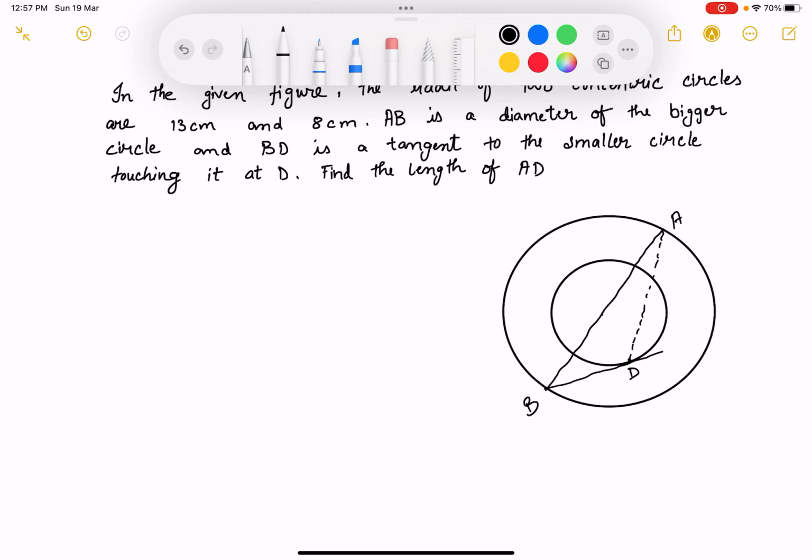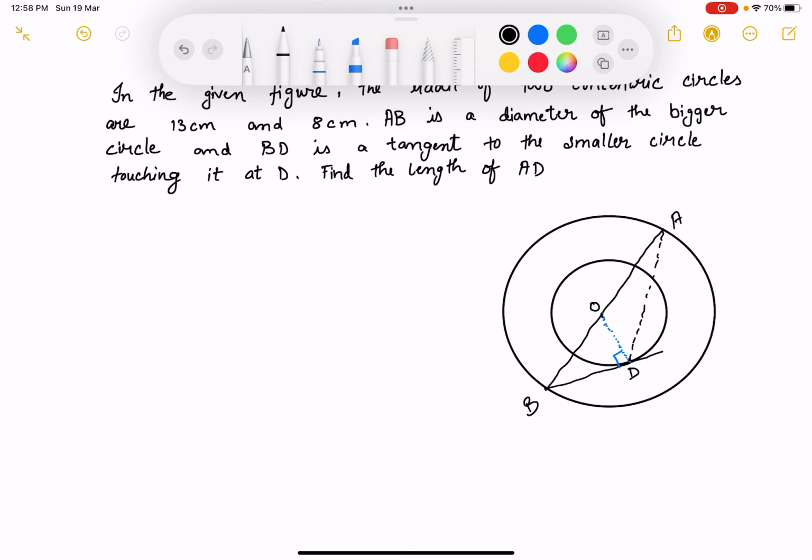Okay, so first thing first, as I said, whenever you hear the word tangent, you draw the radius and mark the angle 90 degree. This is the radius to the point of contact and this angle is 90 degree. Okay, so we are done with tangent. And again, what do we get? We get a right angle triangle.